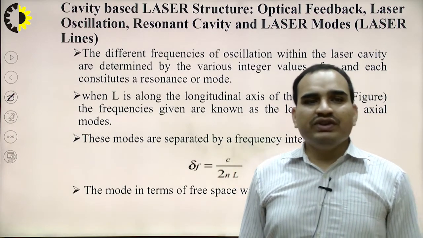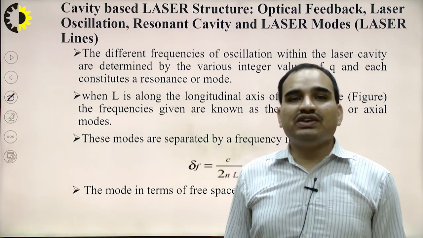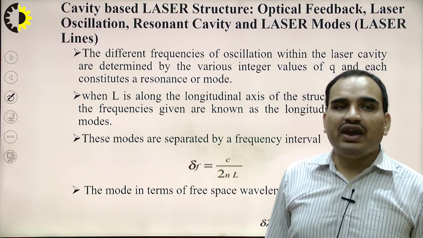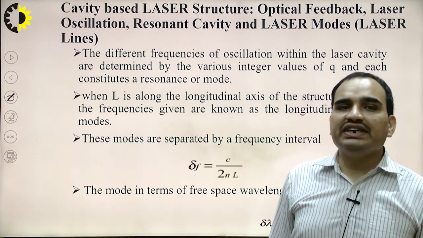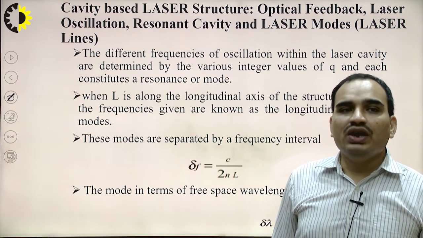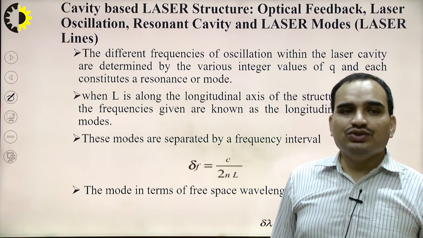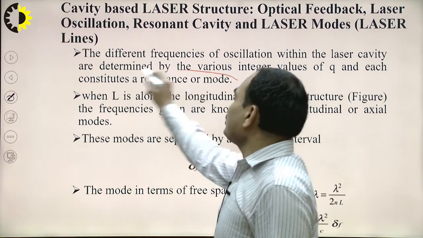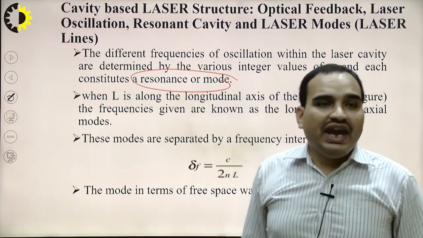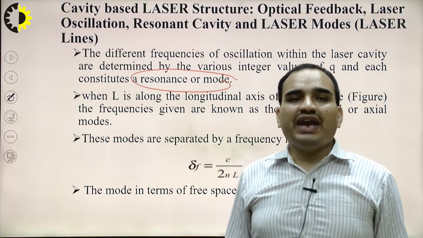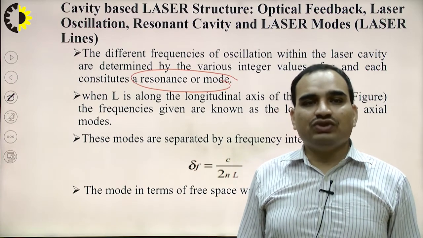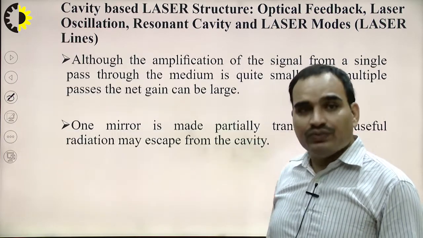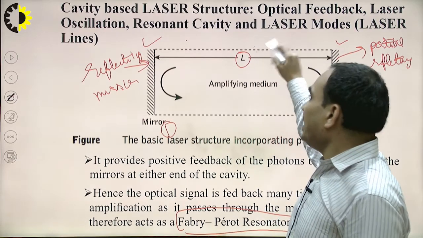The different frequencies of oscillation within the laser cavity are determined by various integer values of q, and each constitutes a resonance or mode. Here L is along the longitudinal axis of the structure, as we have seen in this figure, the capital L.